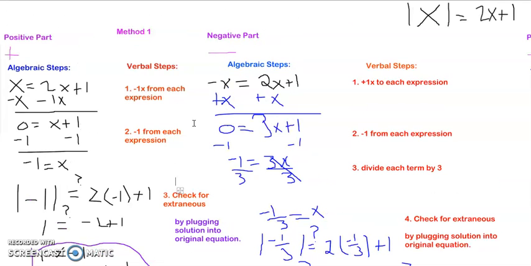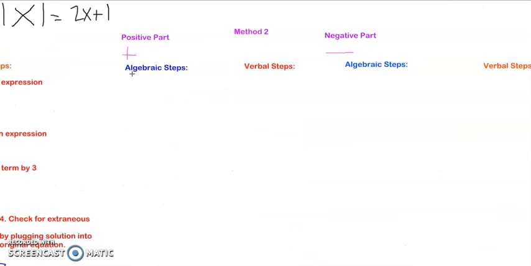Now let's look at method 2. So our positive part is going to be exactly the same. x equals 2x plus 1. And everything for this positive part will be exactly the same as this first method.